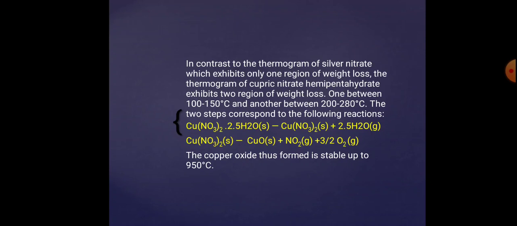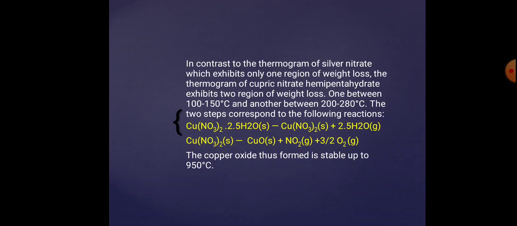But at 150 degrees Celsius, the Cu(NO3)2 which is formed in the first reaction, which is in a solid phase, remains constant. Means during 150 to 200 degrees Celsius, the Cu(NO3)2 remains constant, its weight doesn't change.